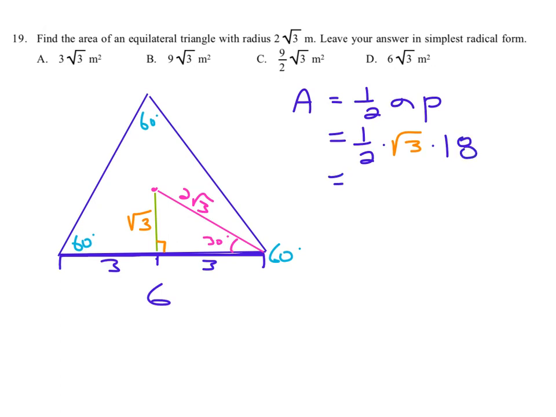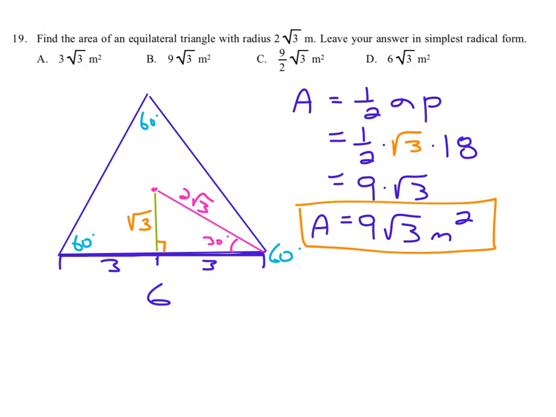Now just juggling this out, what's 1/2 of 18? That's 9. And 9 times the square root of 3 is 9 root 3. And what are the units? They were meters, and it's area, so it's meters squared. Do we have that as an answer? We do. That's B.